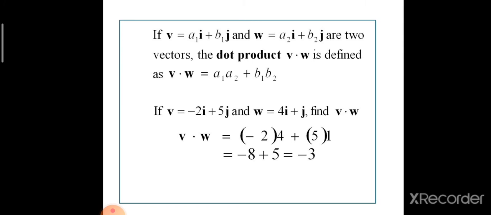As an example, if you take V is equivalent to minus 2I plus 5J and vector W is equivalent to 4I plus J, then V dot W will be minus 2 into 4 plus 5 into 1, which is equivalent to minus 8 plus 5, which is minus 3.